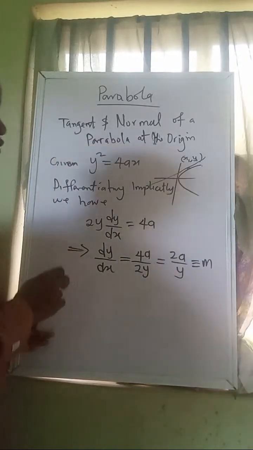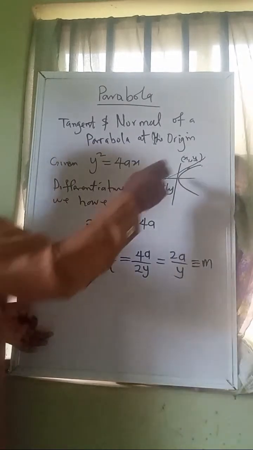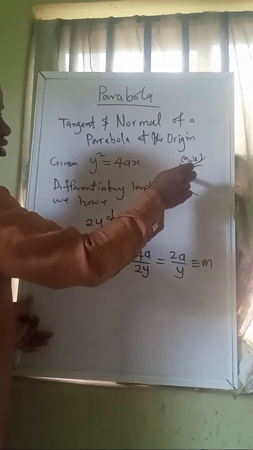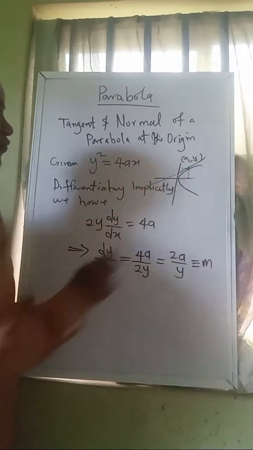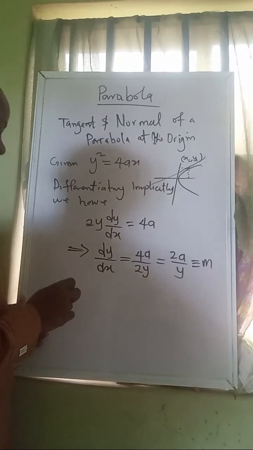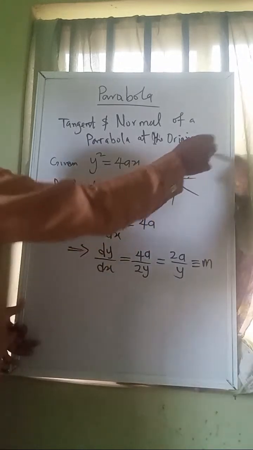This is how we now go about it. Suppose this is touching here. I want to form the equation of the tangent line, the equation representing this line.